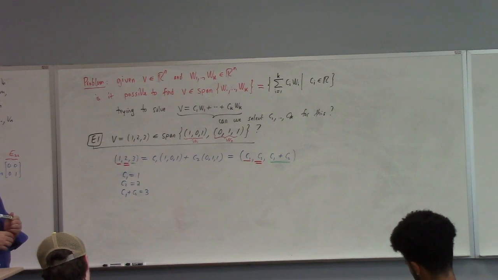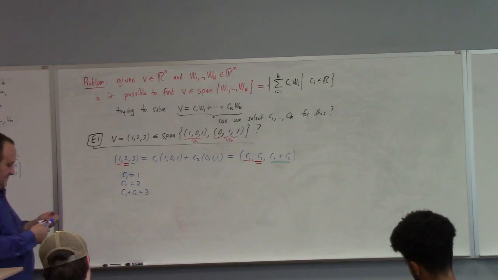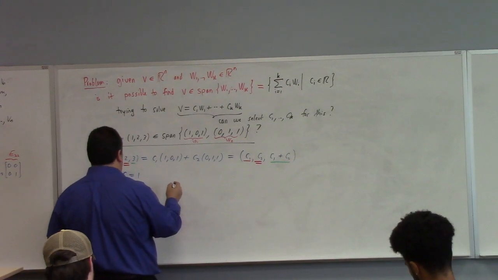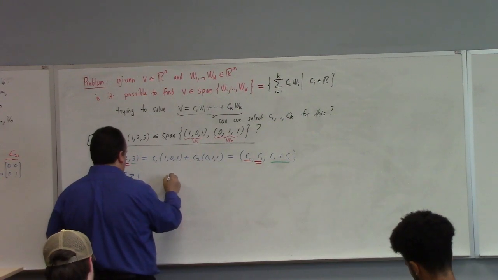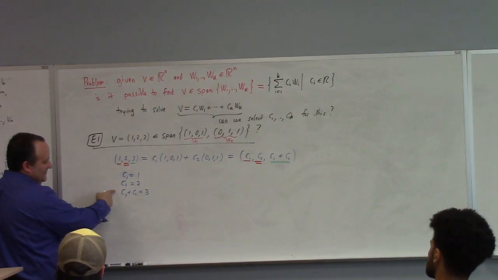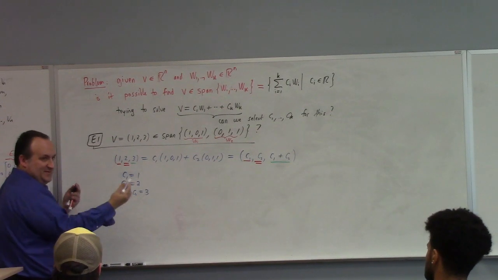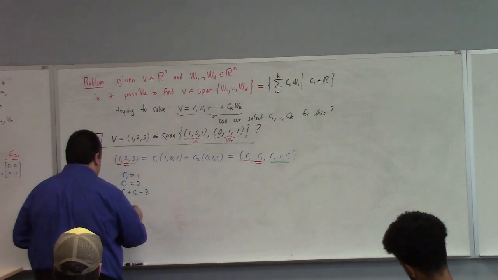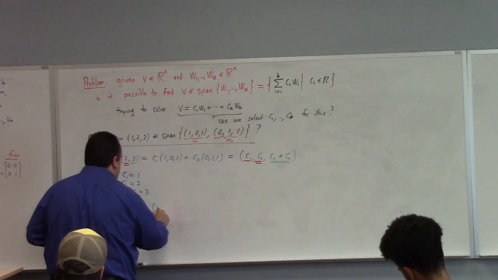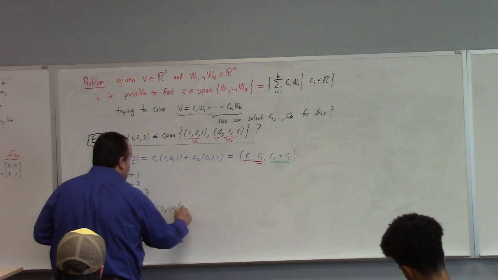It looks like the answer is yes. Indeed, C1 equals 1, C2 equals 2, C1 plus C2 is 3, so we solved the equations. And yes, (1, 2, 3) is equal to 1 times (1, 0, 1) plus 2 times (0, 1, 1).